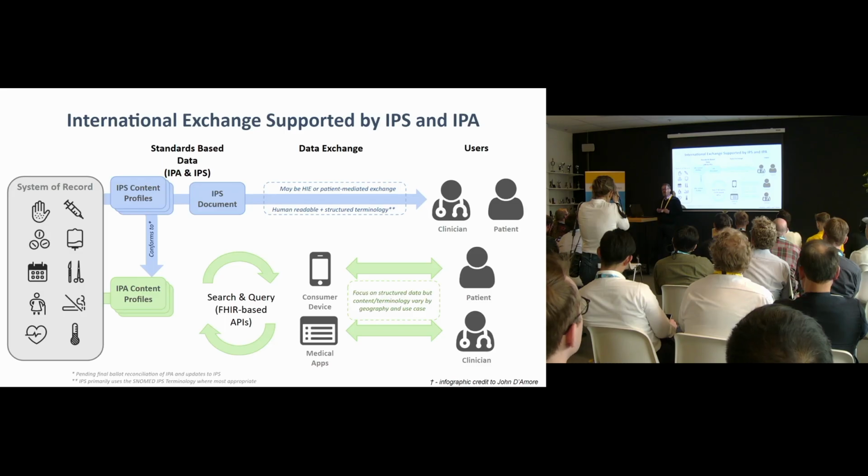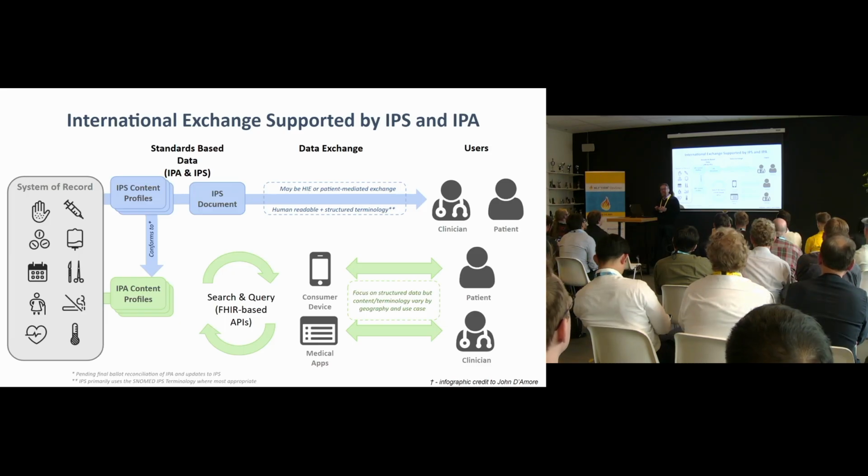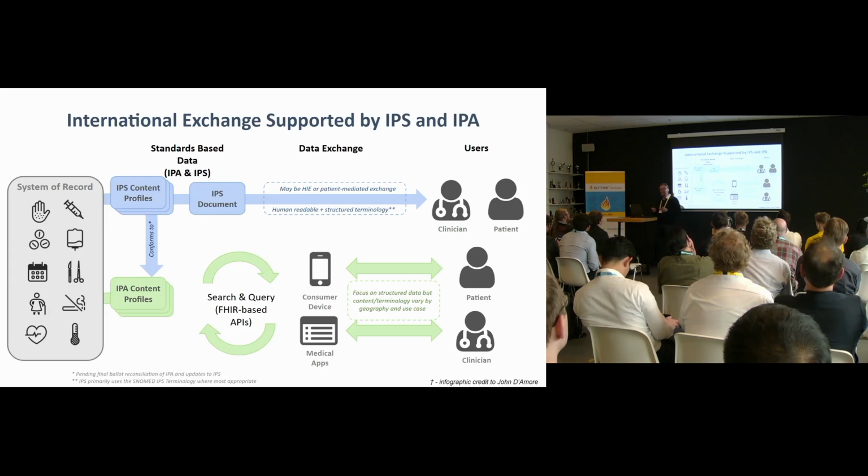Whereas with IPA, we profile secure, RESTful interactions. That means things like the RESTful interactions and search parameters are part of the IPA specification. Similarly, we profile SMART on FHIR as part of IPA.